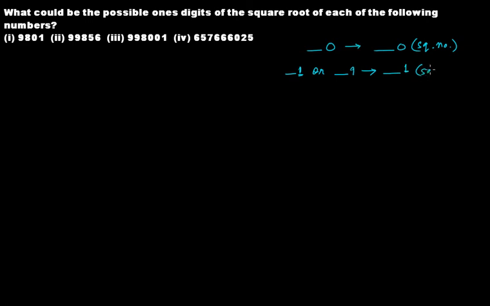If your number ends in 2 or ends in 8, then your square number ends in 4.